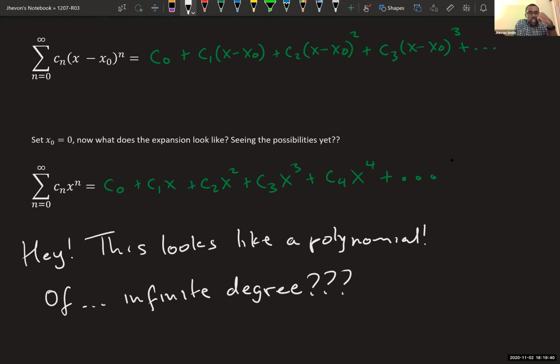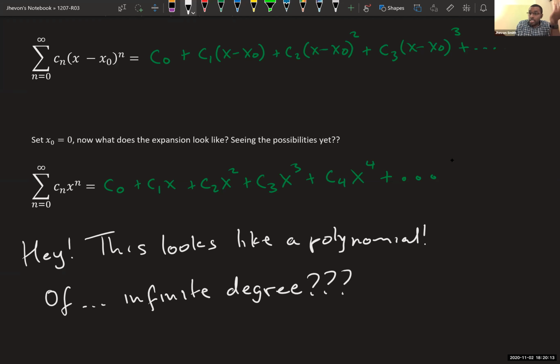This is a weird creature, isn't it? Does it even make sense to write this down? Did I write down anything useful? Can you have a polynomial of infinite degree? Remember, when we start to go off to infinity, very strange things can happen. So at this point, you should be pretty concerned with whether it even makes sense to write this down. Did I write down something equivalent to dividing by 0? I know I can write down the symbols divide by 0 on a piece of paper, but it doesn't mean that it makes any mathematical sense.